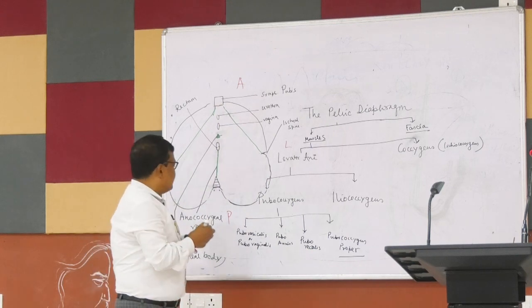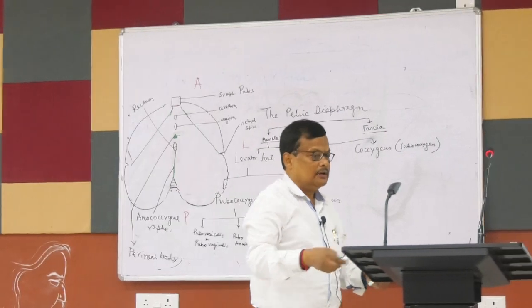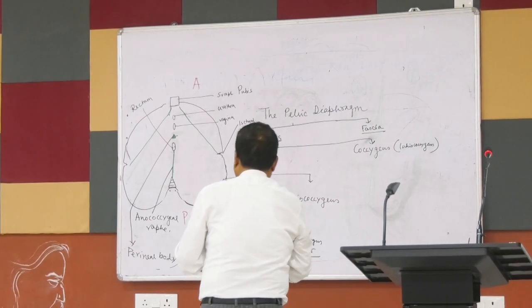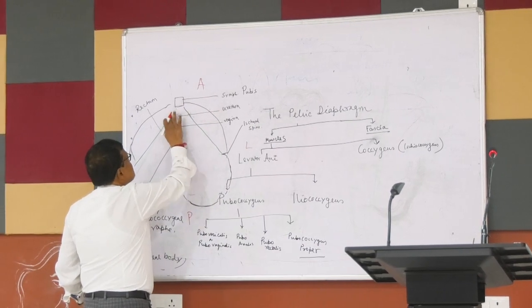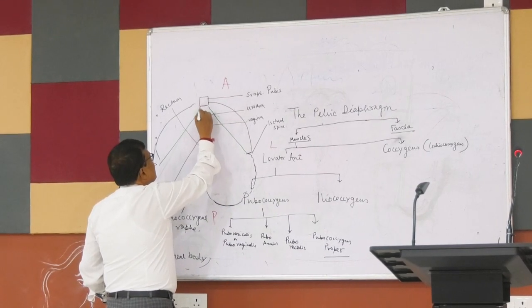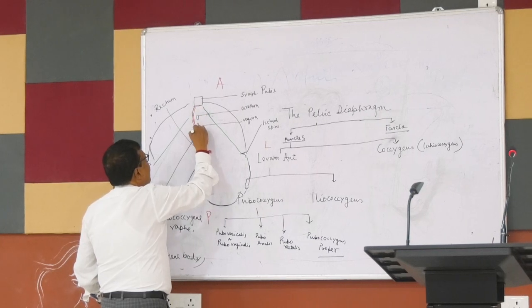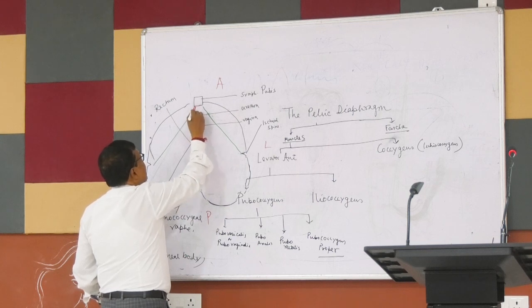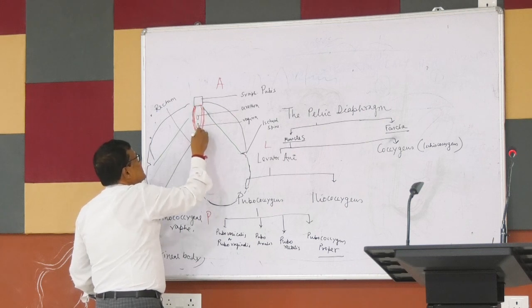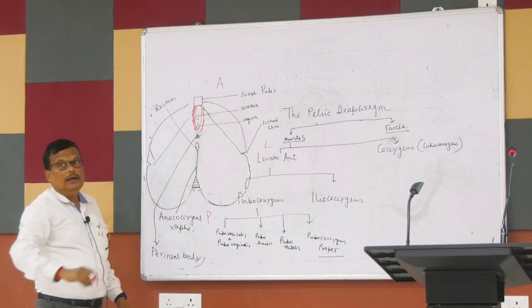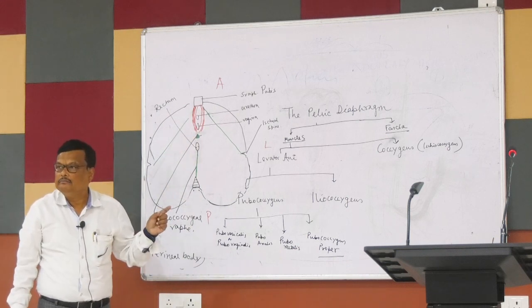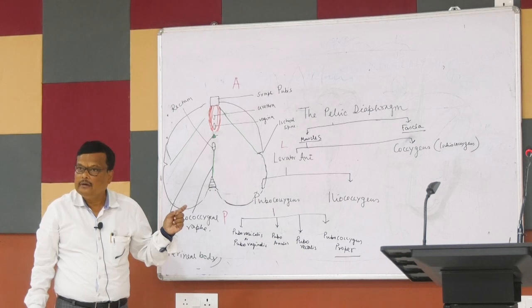Pubococcygeus, thirdly, pubococcygeus, fourth stratum. Pubovesical, pubovesical takes origin from the posterior surface of the symphysis pubis, one on either side, and encircle the urethra, and in case of a female, the vagina, right?